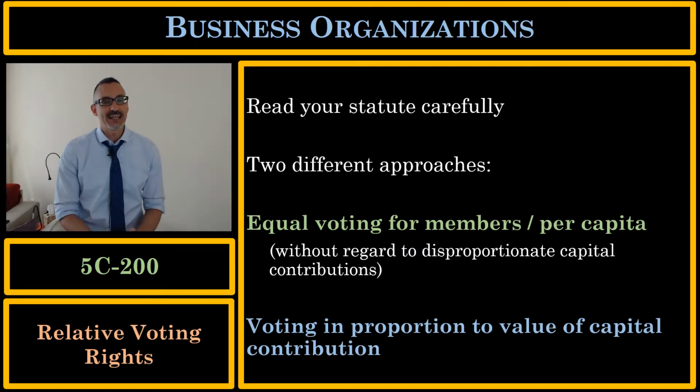If we're in an equal voting right, per capita voting right jurisdiction, you get one vote and I get one vote, even though I've invested much more money into the LLC than you have. If we're in a jurisdiction that has proportionate voting rights, then I would have 99 votes to your one vote.